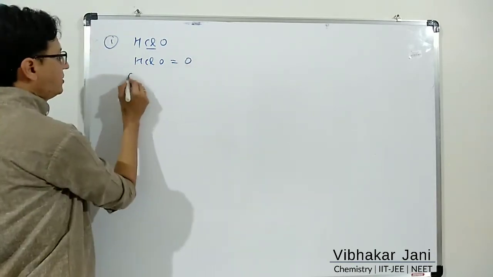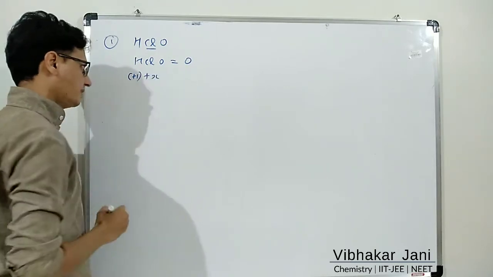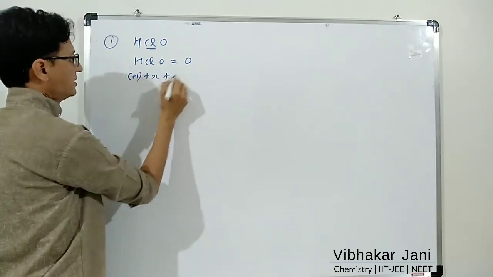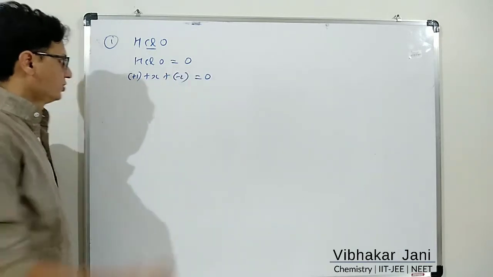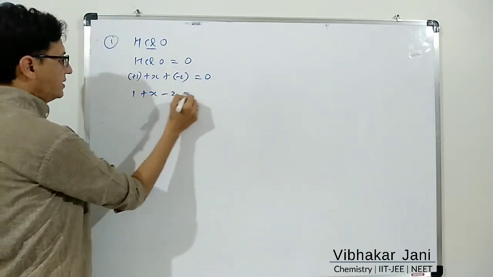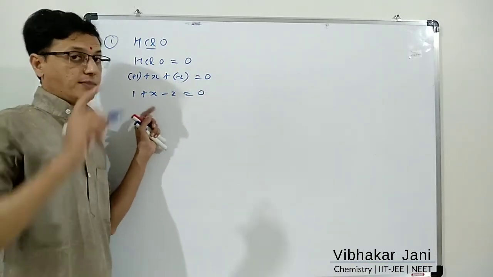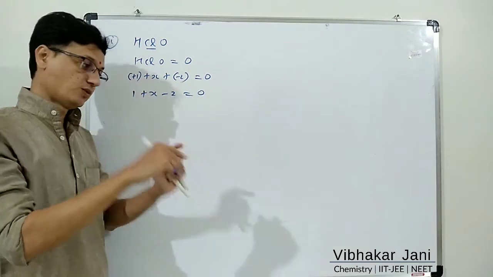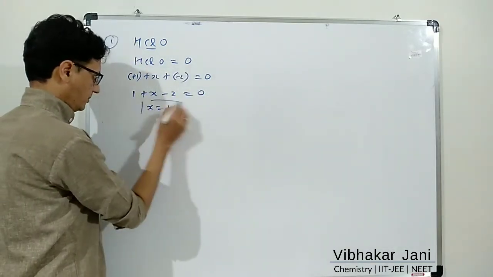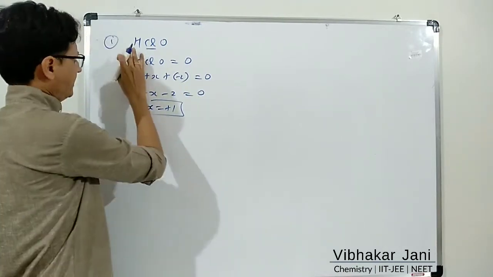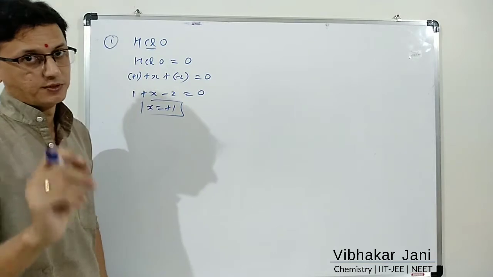For hydrogen, we will take +1. For chlorine, which we are going to find, it is X. And for oxygen, we will take -2, equal to 0. So here 1 plus X minus 2 is equal to 0. -2 plus 1 gives us -1, and if that -1 goes to the other side of equal to, we will have +1. So in HClO, the oxidation number of chlorine is +1.